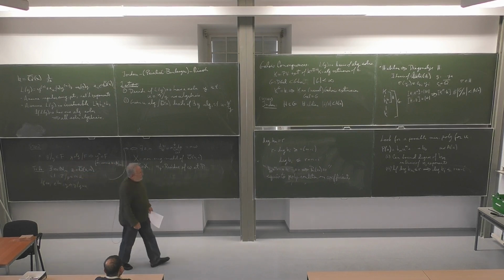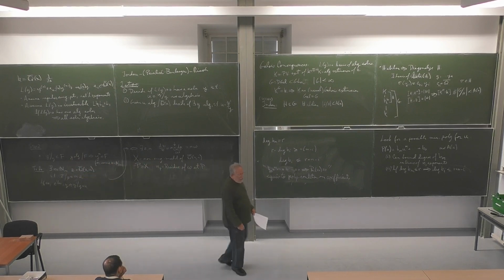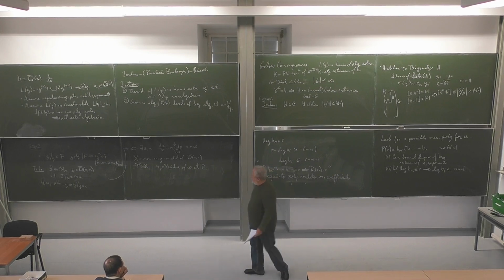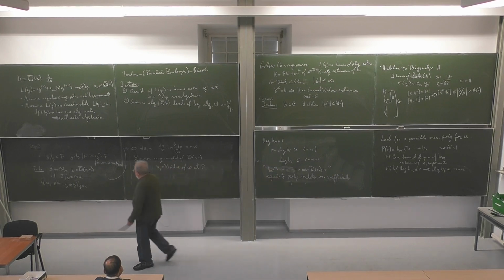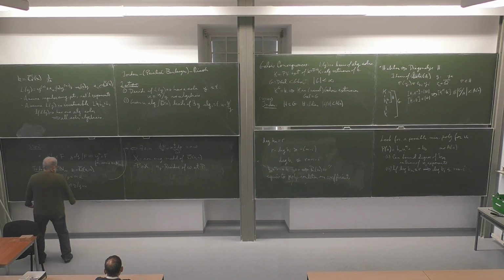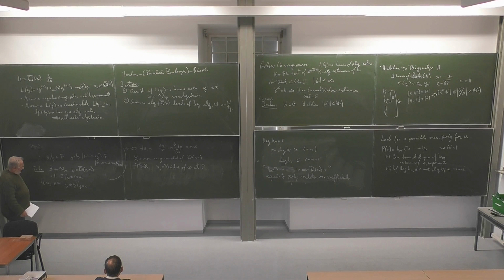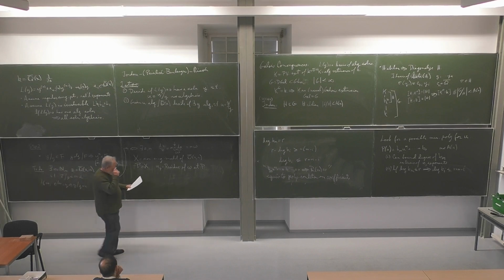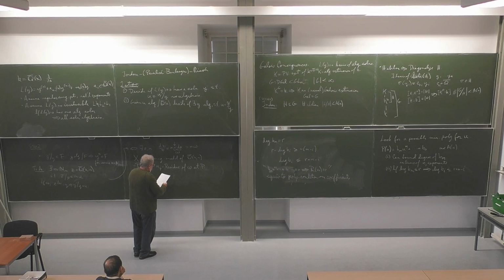Now, if it's not rational, I'm in trouble because I want it to be coming from here. This z to the m, the logarithmic derivative of this is going to be some rational number. So I can assume that it's rational.